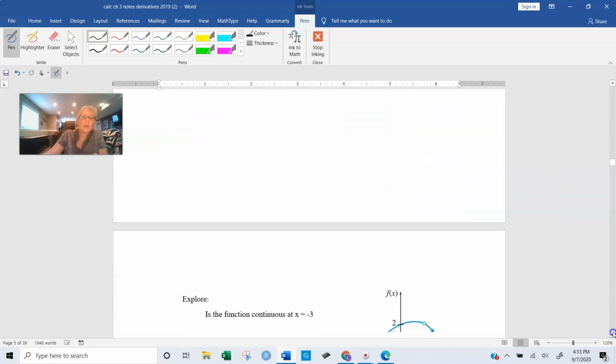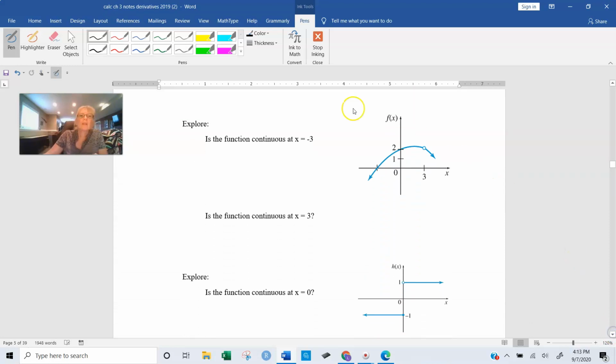So now let's go over here. Is the function continuous at -3? Try this. -3 is here because it's going by 3's. The answer is yes, because the function at -3 is equal to 0. As we approach from the left, it's 0, and from the right, it's also 0.